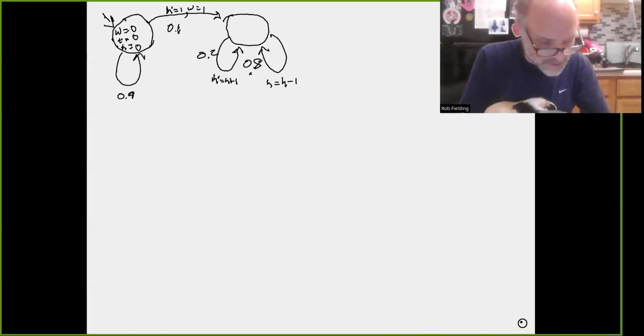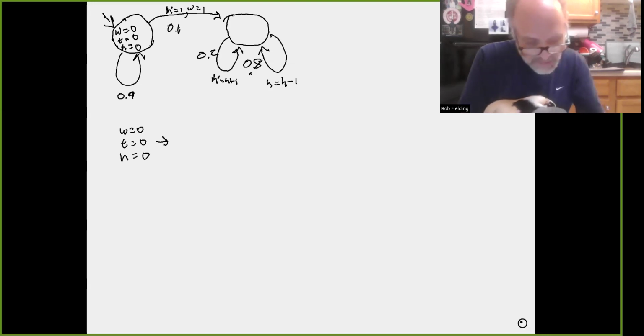So we could have a trace where it starts off with W equals 0, T equals 0, and H equals 0. And there is a Markov state transition. Most of the time it just goes to 0.9 and nothing happens, but something happens, and suddenly we get H equal to 1 and W equal to 1.